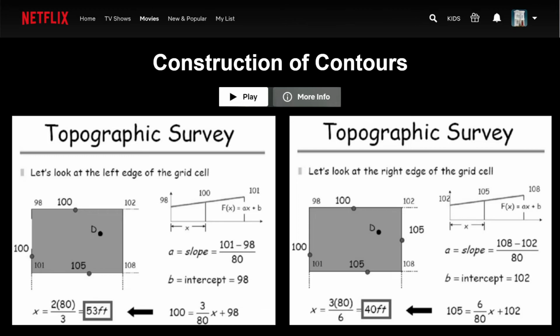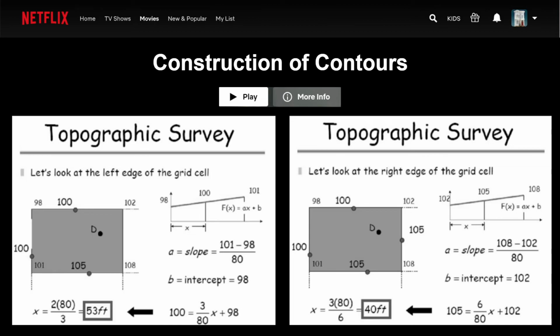The same will be said in the right image, which focuses on the right edge of the grid cell. For the right edge, we will also be using 105, because this follows the 5 feet contour interval from 100 to 105.